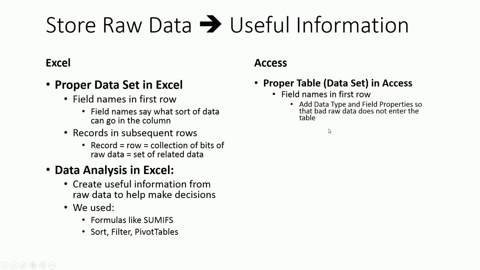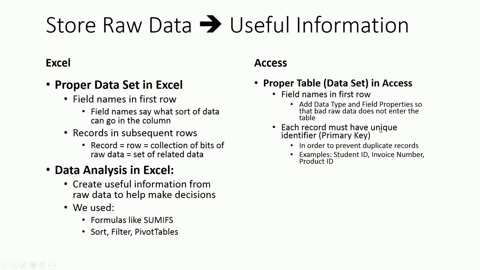If you have bad data going in, then when you go to create useful information, you create maybe not very useful information. So we're going to have things like data type. We will define what kind of data can go in a field. Is it a number? Is it text? We'll also have many field properties that will restrict the type of data that can go into our fields in our table.